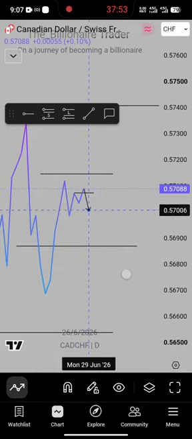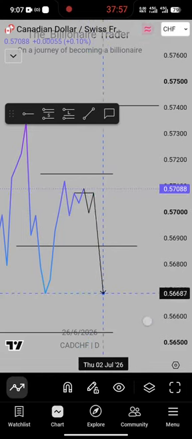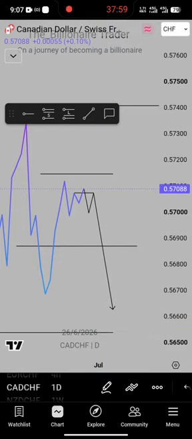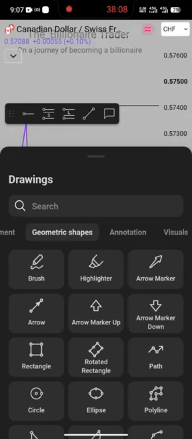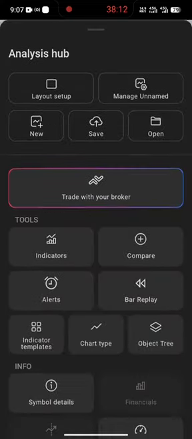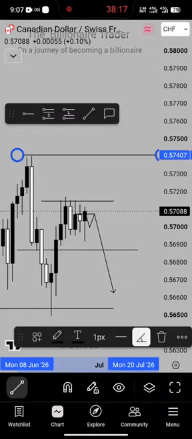If we have something like this, then we can sell and target the low of this candle. But if we don't have that, we have 4 hours reject, 4 hours following the bullish narration, then we can actually continue the buy and target this liquidity here.